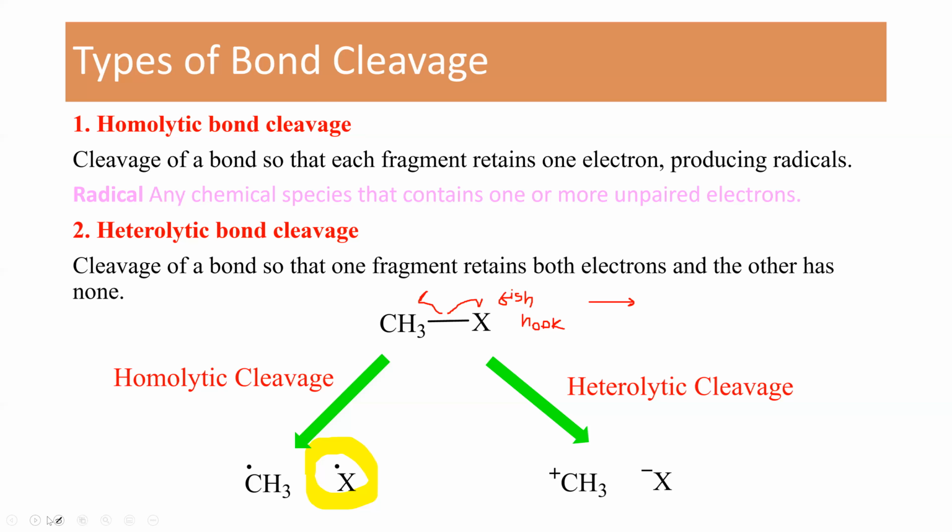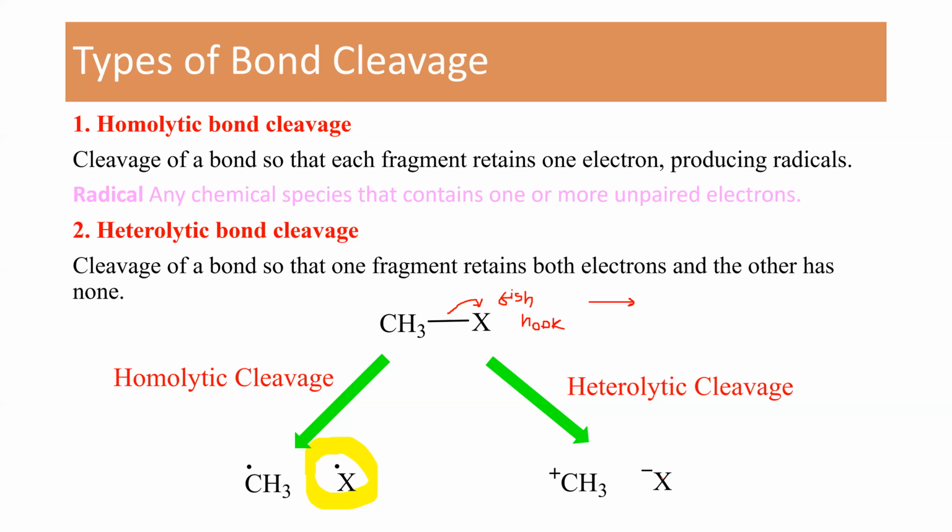Now for the case of heterolytic cleavage, I will draw the full arrow to show that this electron pair is moving towards the X, while leaving that methyl electron deficient. That's why it is carrying the positive charge at the end when that bond has cleaved.